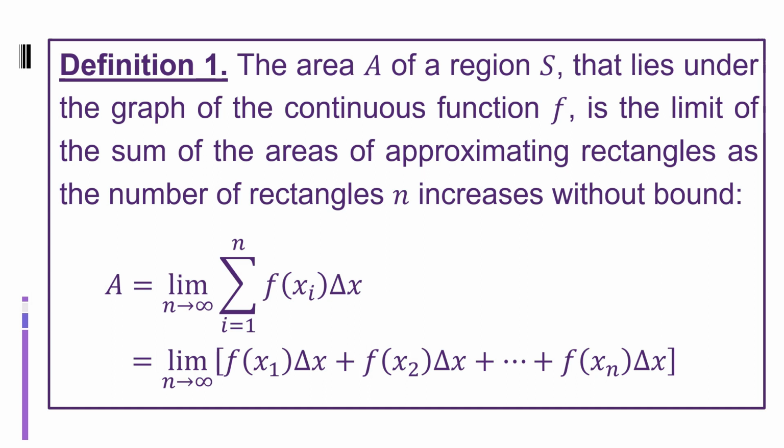So that is area equals the limit as n approaches infinity of the sum of f of x sub i delta x from i equals 1 up to n, or that is the limit as n approaches infinity of f of x sub 1 delta x plus f of x sub 2 delta x plus up to f of x sub n delta x.